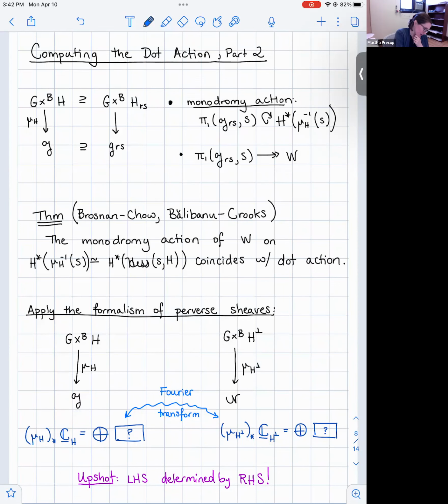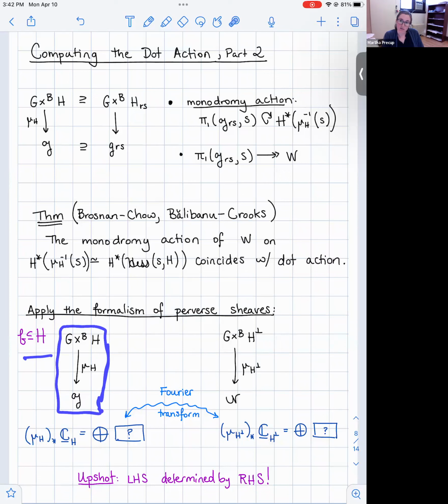And let me stress that on this side of the picture, I always want to think about the Hessenberg spaces that contain my Borel subalgebra. So this is where the monodromy action is living, because this is where I actually get something non-trivial when I restrict over the regular semi-simple locus.